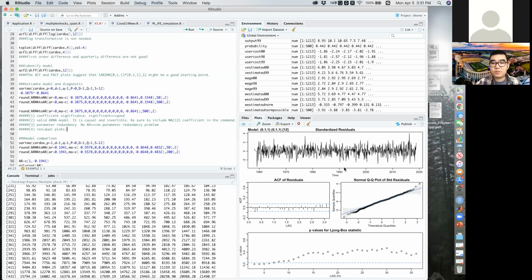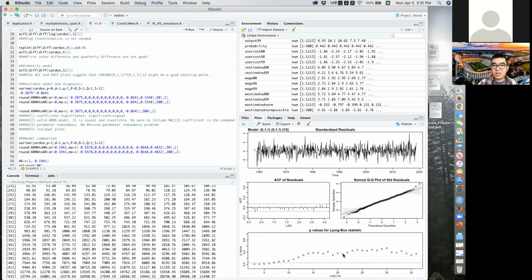Okay, so the residual plots are given here. You can see the standardized residuals are not bad. The ACF of the residuals, all of them are within the confidence interval, which is also good. And this is a normal QQ plot. Most of the observations are within these shaded regions, which is also good. And for the LB statistics, we can see that after lag number 5 or maybe number 6, everything is statistically insignificant.